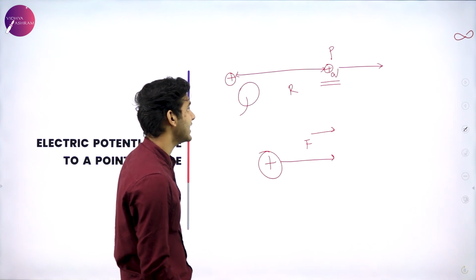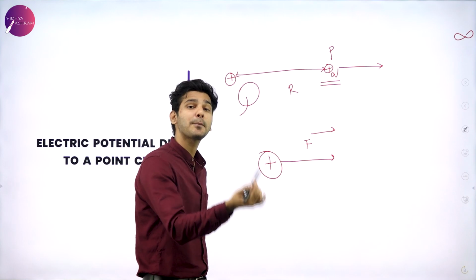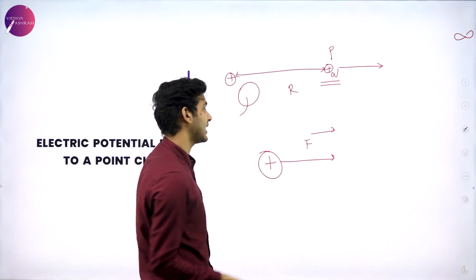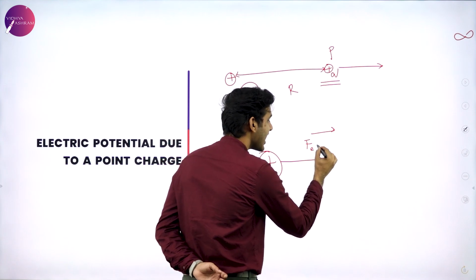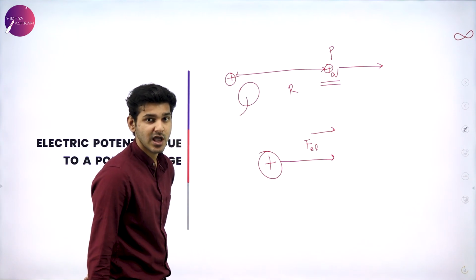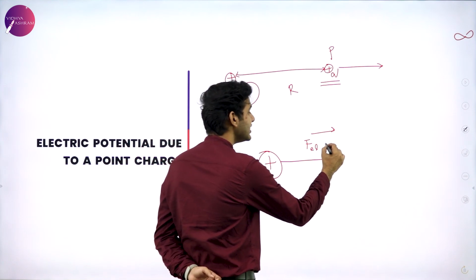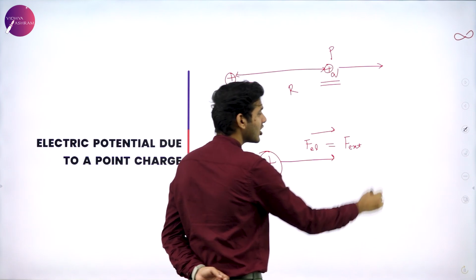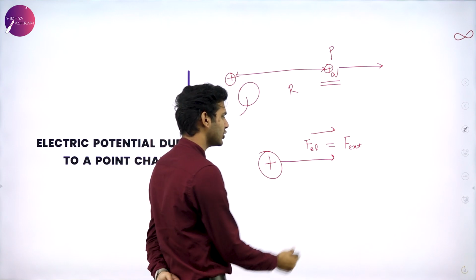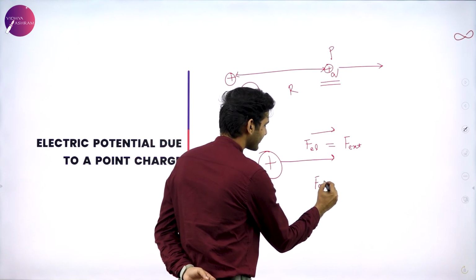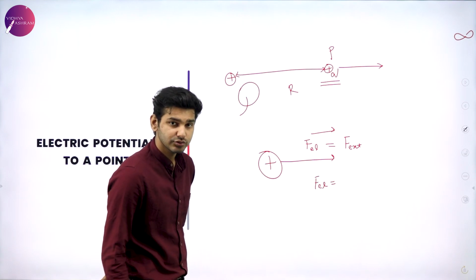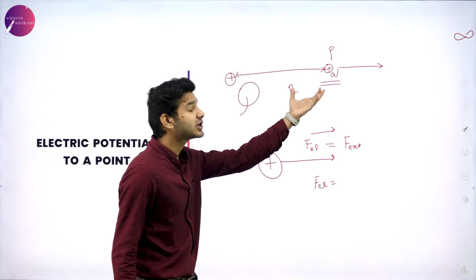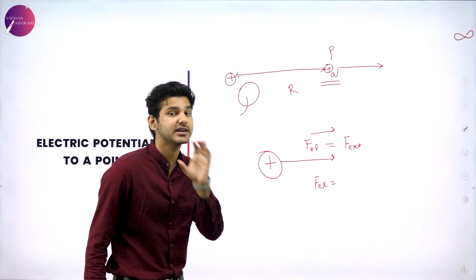So the electric field will apply an electric force in this particular direction, and that can be indicated as F_EL. And this will be equal to the force I apply to keep that particular charge at that particular point in space.